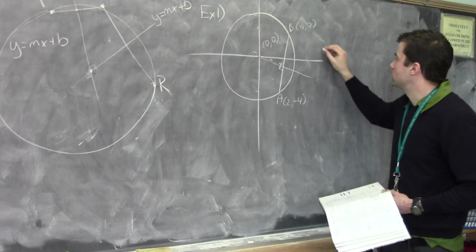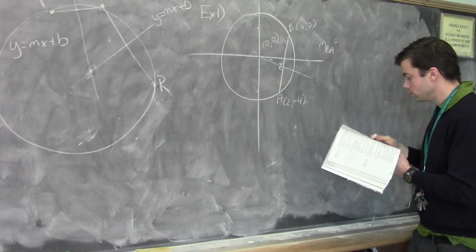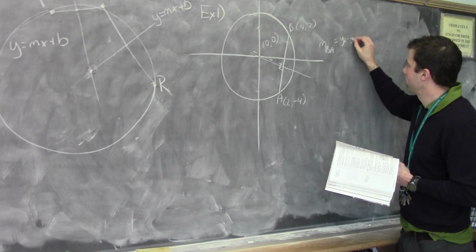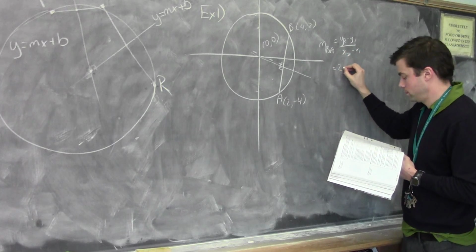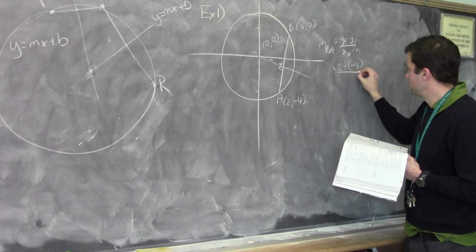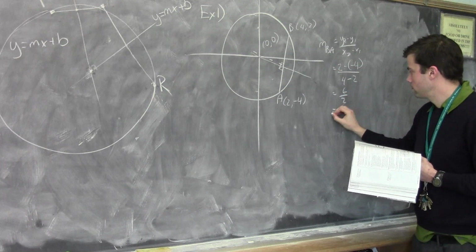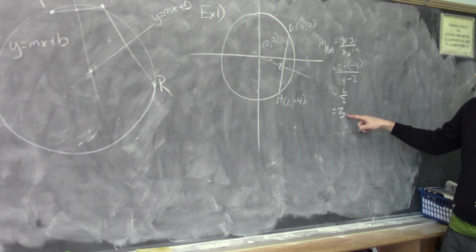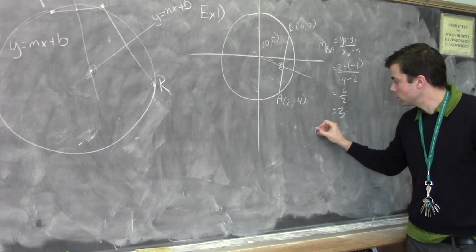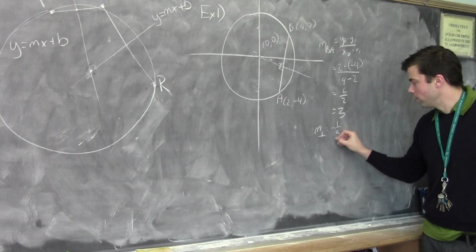So we're going to calculate the slope of BA. All right. So the slope of BA is positive 3. So the slope of the right bisector is going to be negative 1/3.